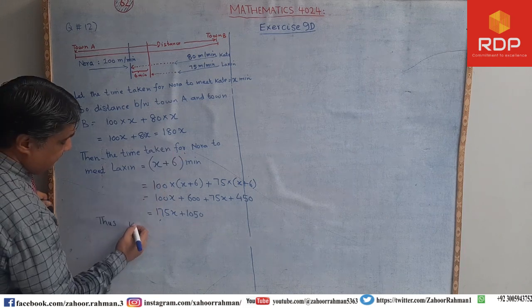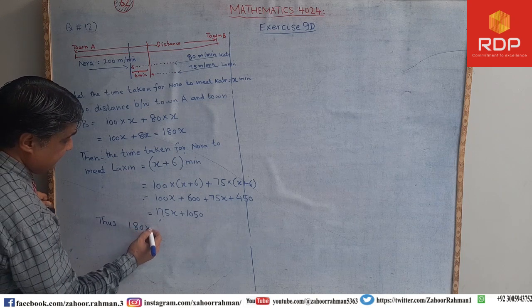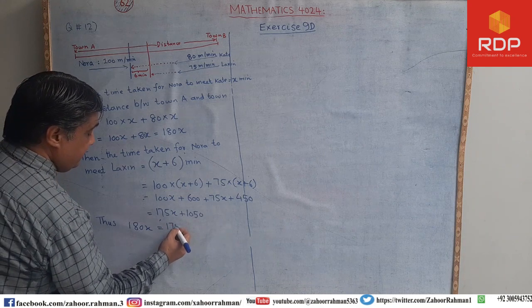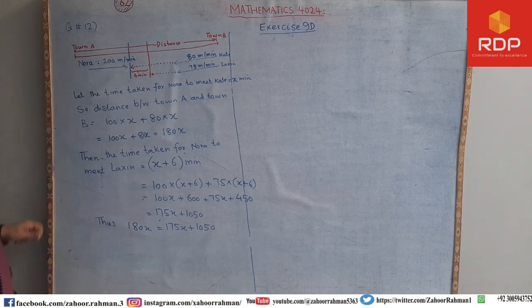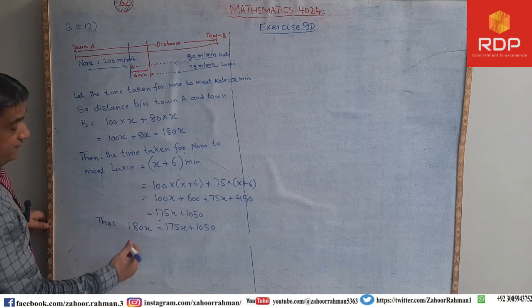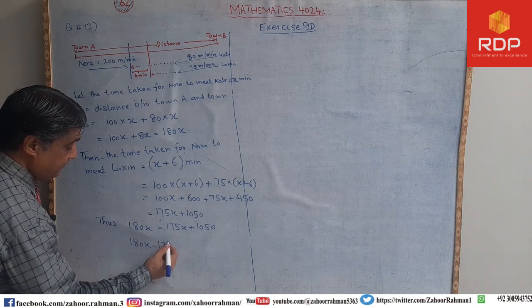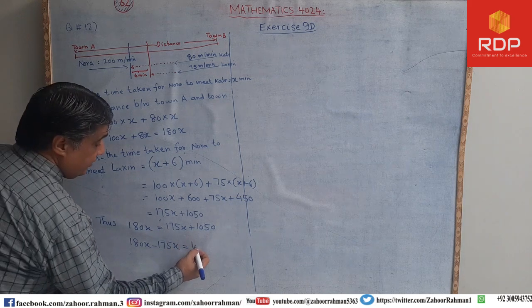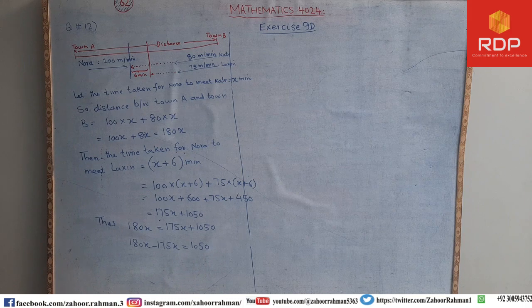One is 180x, and the second one is 175x plus 1050. Now if we bring this 175x to this side, it becomes minus 175x, and we are left with 1050 on the right side.